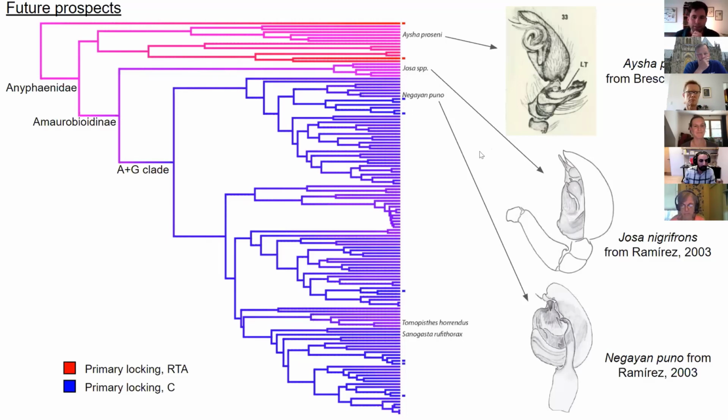According to mapping, the species should make primary locking with their conductor, and according to morphology as well, but they still have a huge RTA with the hook in its tip, so we don't know what they use it for. So we're really hoping to get some data on this species.